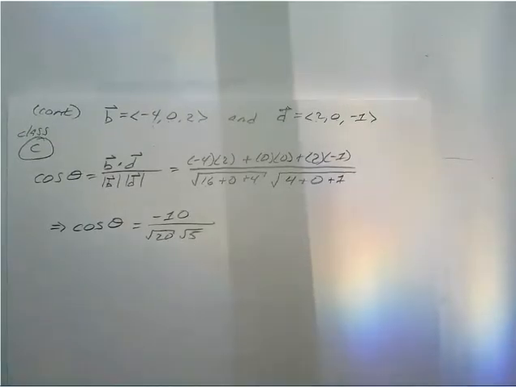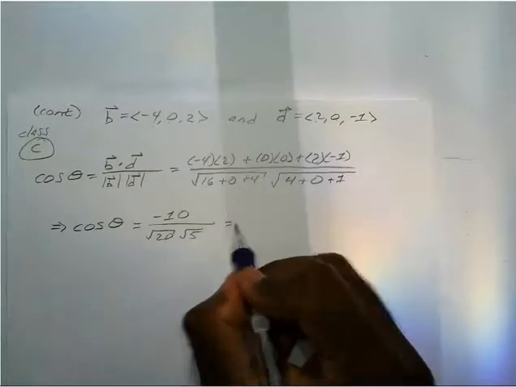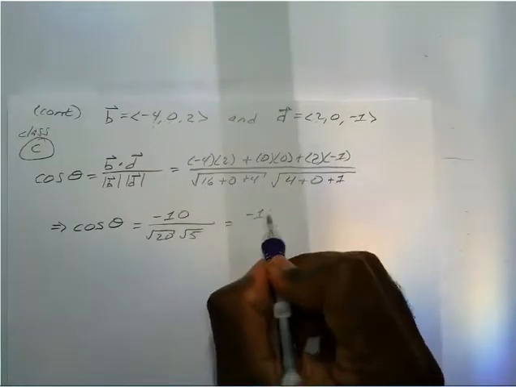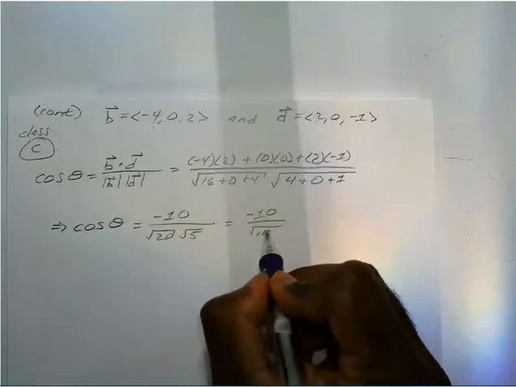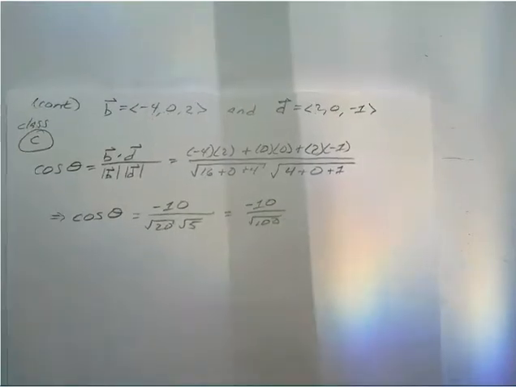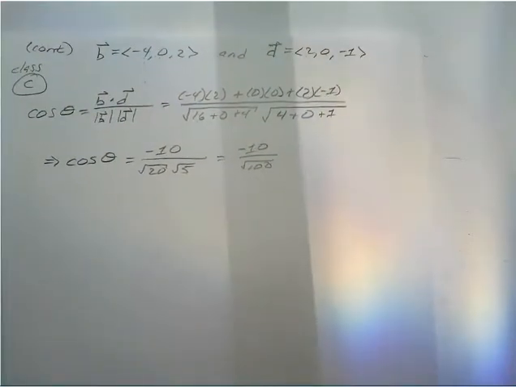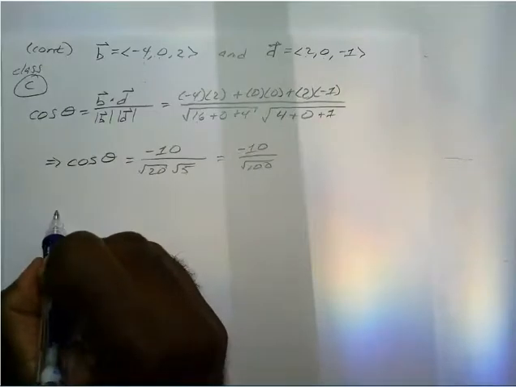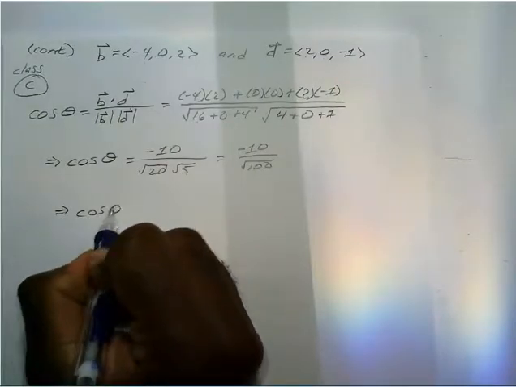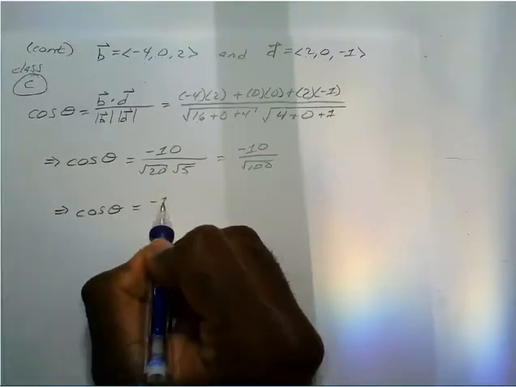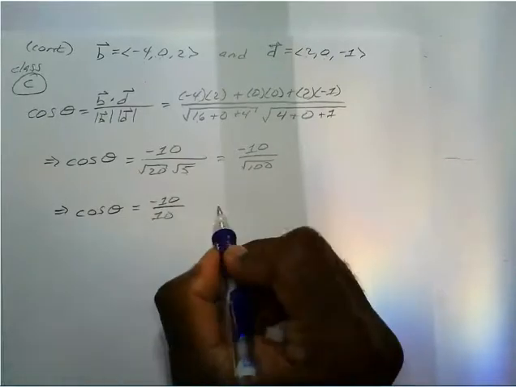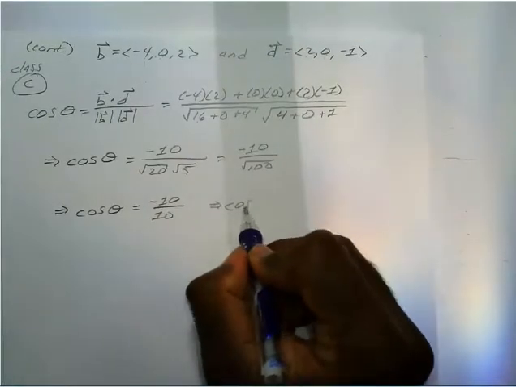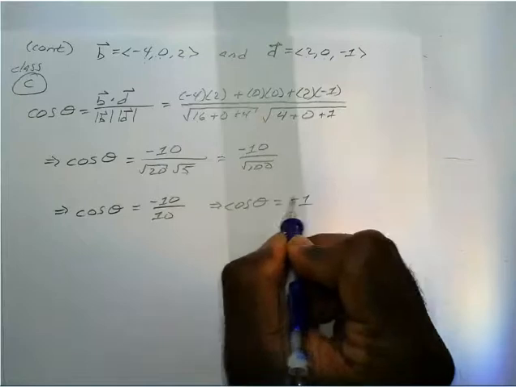Okay, so you can actually combine those two. So you have negative 10 over square root of 100, since 20 times 5 is 100. Put them all under the same square root. So cosine of theta equals negative 10 over 10, or cosine of theta equals negative 1.